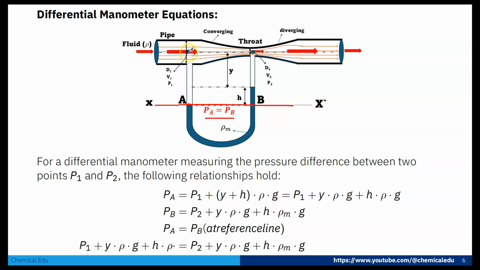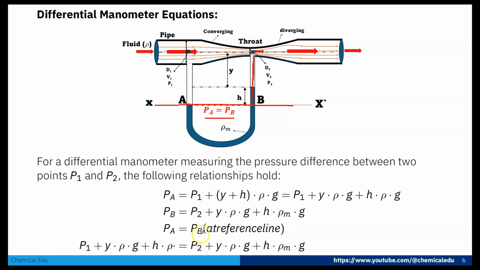PA is nothing but P1 plus the total height into rho into g, the pressure due to the liquid height, so y plus h, rho into g. If I simplify, P1 plus y into rho into g plus h into rho into g. PB will be P2 plus, because of the pressure on this side, y into rho into g plus h into rho m into g.